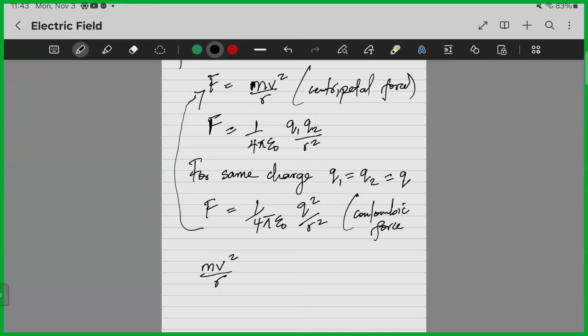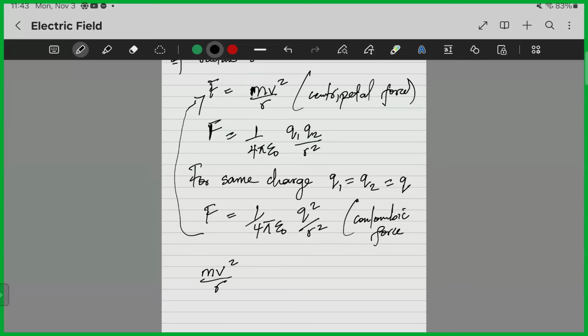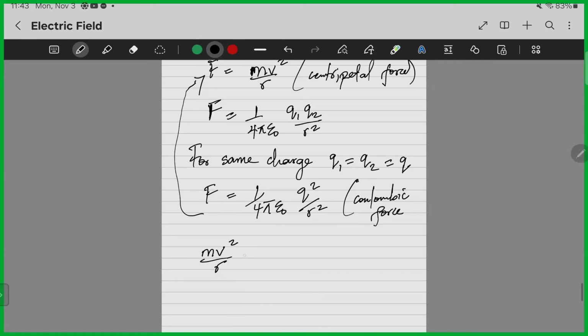So let's establish some things here. So that force is equal to mv squared. Let me establish something. Yeah, the idea is to utilize this.